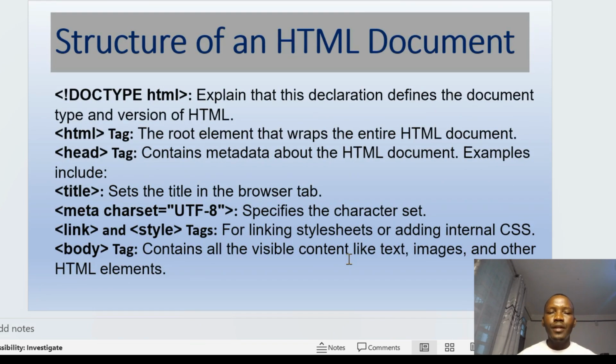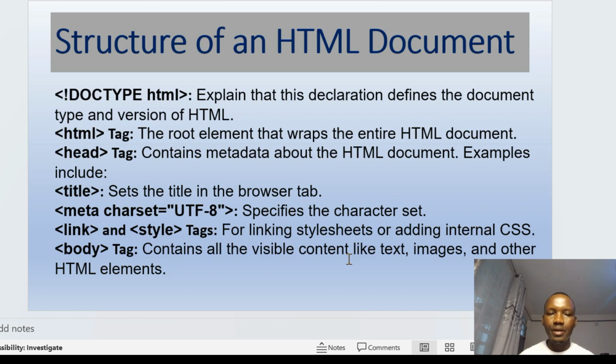Okay, now the structure of an HTML document. We'll be getting to this very shortly. You'll learn about something we call doctype HTML, and this declaration defines the document type and version of HTML.